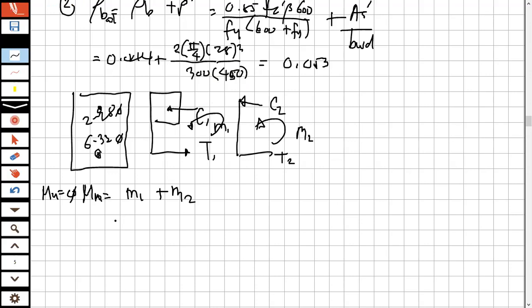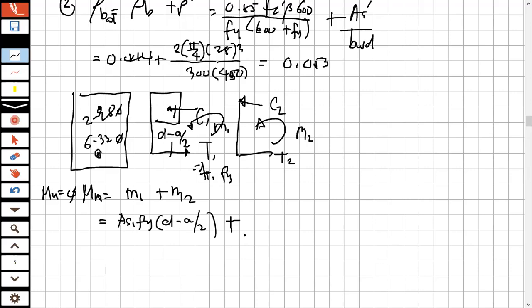So anong given dito sa M1? A_s1, ano? A_s1, Fy. So A_s1 na tayo. Okay. So we have M1 is equal to T1 or A_s1 Fy, and then you have, this one is d minus a over 2. d minus a over 2.